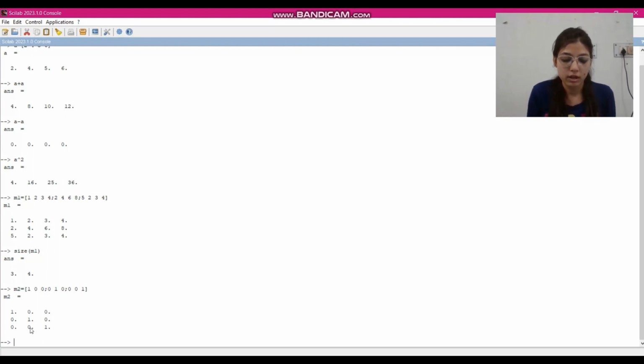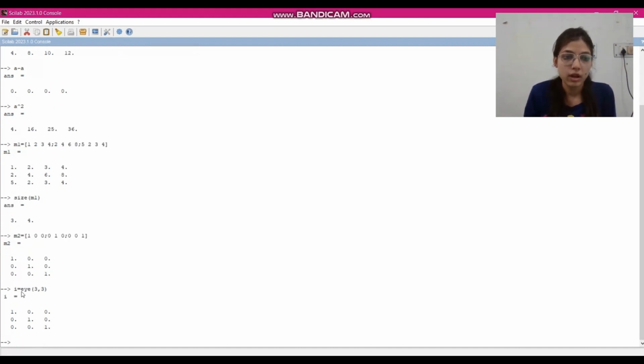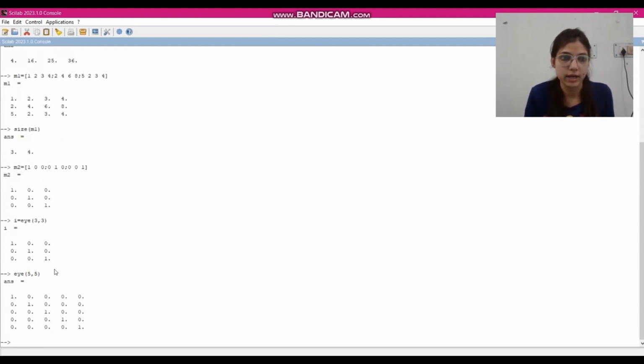If we write eye(3,3), Scilab will directly give you the 3 cross 3 identity matrix. This is the method to write an identity matrix. You will write eye(5,5) for the 5 cross 5 identity matrix.